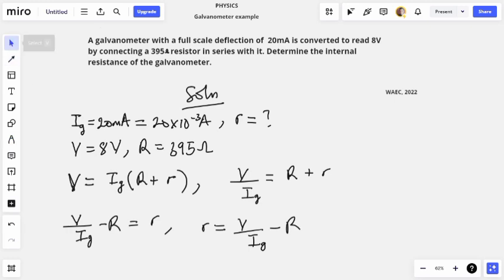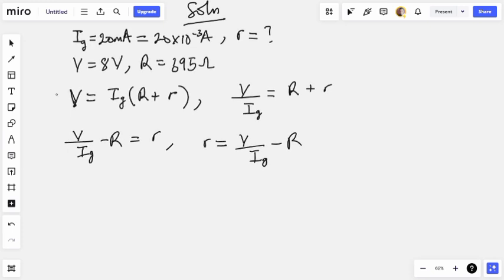Having done this, the next step is to substitute. Our small letter r will be equal to our V, which is 8, divided by I subscript G, which is 20 times 10 raised to the power minus 3, then minus R, where R is 395.